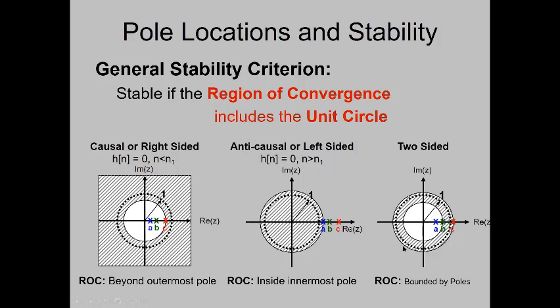This also helps me resolve the question of where the region of convergence is if I have a two-sided system that has more than two poles. We said it could be between A and B, or it could be between B and C. Well, whichever one is going to encircle the unit circle, that's the region we choose if we know the system is stable.